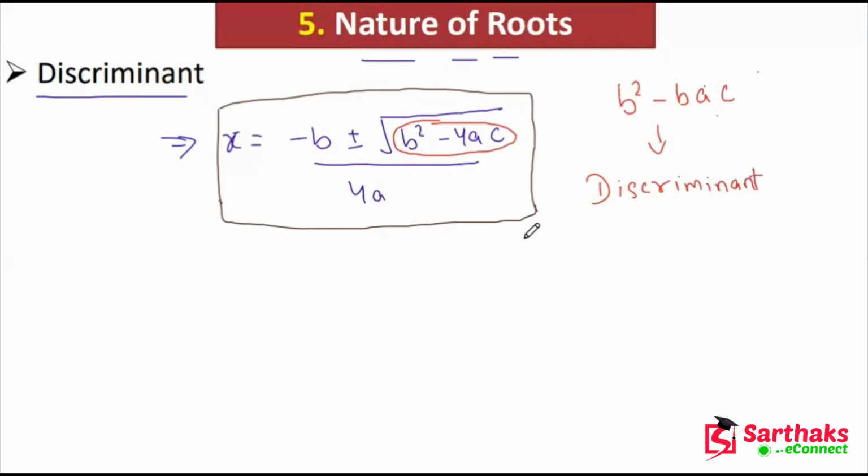So for a quadratic equation ax square plus bx plus c is equal to 0, the expression b square minus 4ac is called the discriminant, which is denoted by d.